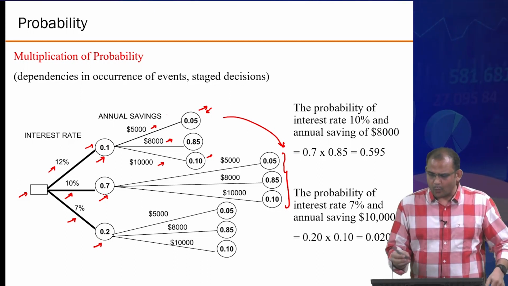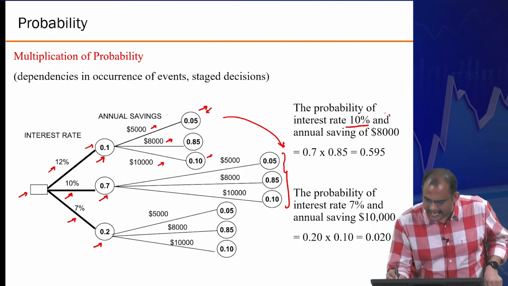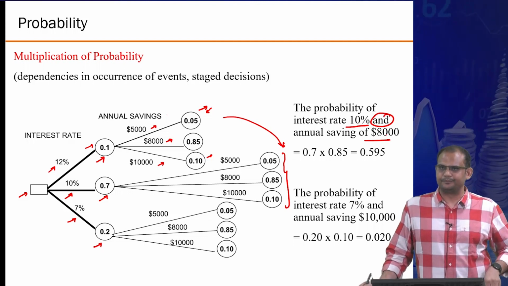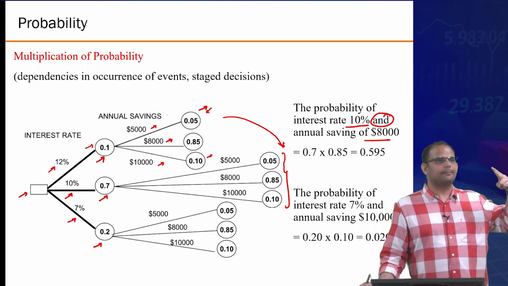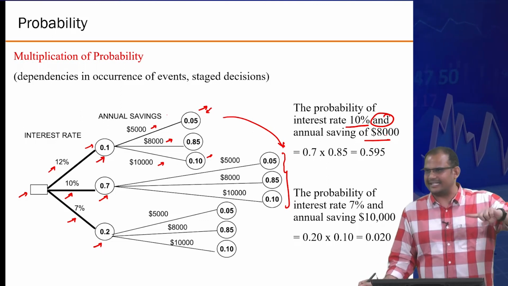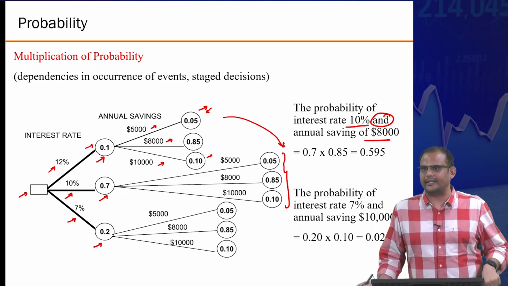Now, what is the probability that your interest rate is 10% and your annual savings are $8,000? I'm making two statements parallelly, combining them. I am asking what is the probability that interest rates are 10% and an annual saving of $8,000.